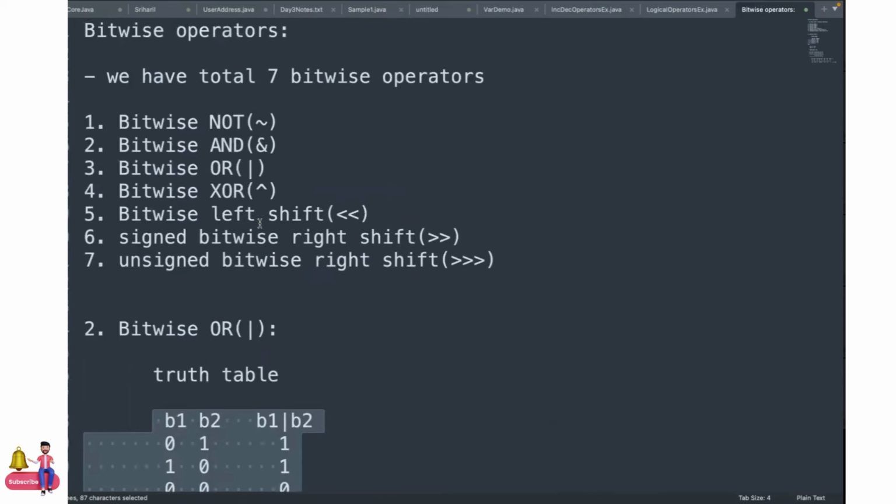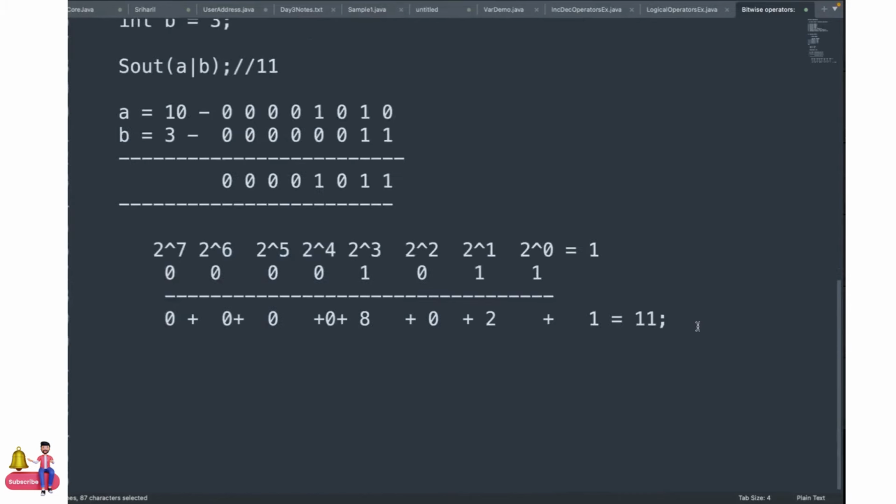Now let's move on to bitwise XOR. The fourth one is going to be bitwise XOR. The symbol is this. So how does this work? Let's see the truth table for this.